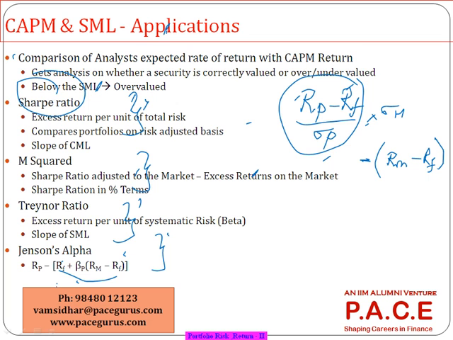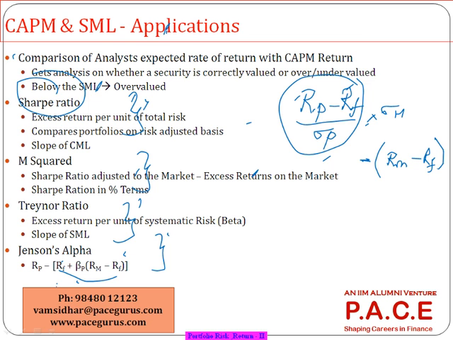Now you really see what was the return the Sensex has generated above the risk-free rate. Now if I really see the Sensex data, let's say it has generated 6% return. Risk-free is 2%. So 4% is in reality what the Sensex has generated over the risk-free rate. Your portfolio in terms of the market has generated 5% excess. So that 1% excess is what we are calling M squared.